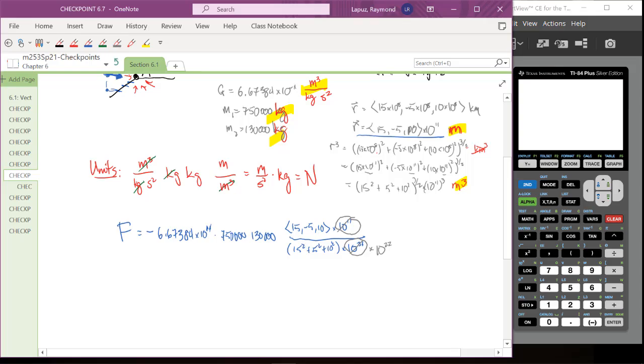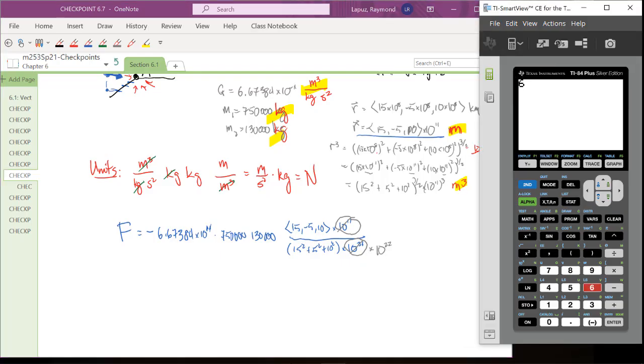Okay, and we'll assign variables. Let's start with the gravitational constant, 6.67384, and we're multiplying it by, in scientific notation, I'll press the E, 10 to the negative 11th. Let's store that into the variable G.